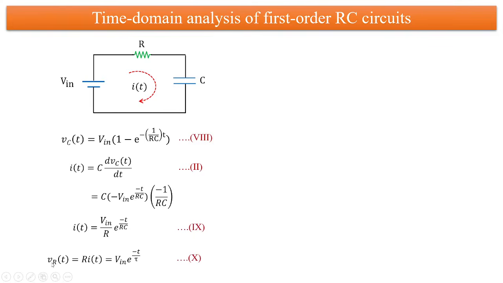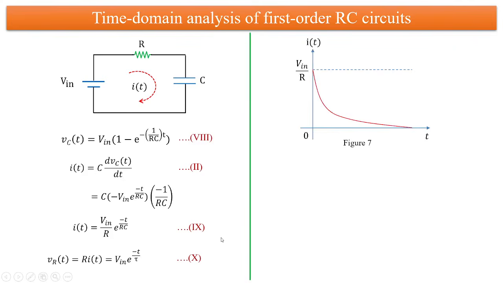Now the resistor drop is obtained to be R I of t, which is equivalent to V in multiplied with e to the power of minus t by tau. Now if you try to draw the graph for these two equations, that is the current equation as well as the voltage developed across the resistor, this is how it is obtained, which is shown in figure 7 and figure 8.